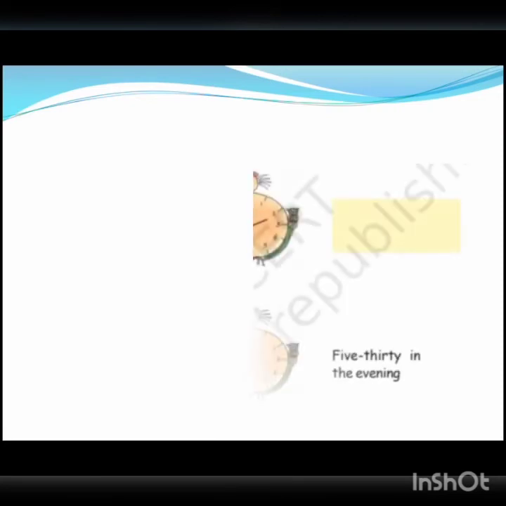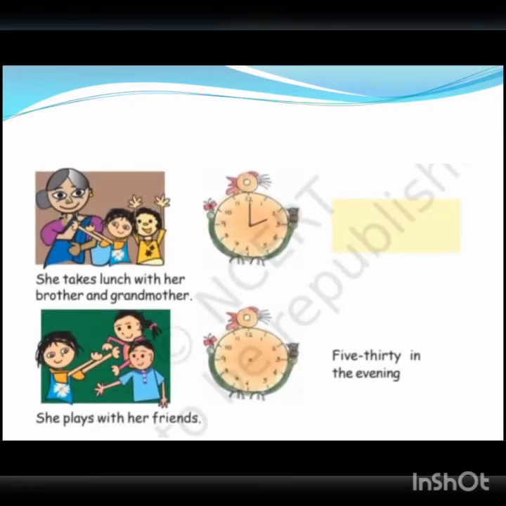Next, she takes lunch with her brother and grandmother. You can see the hour hand is on 2 and the minute hand is on 12. So we can say that she takes lunch with her brother and grandmother at, yes, 2 o'clock in the afternoon.